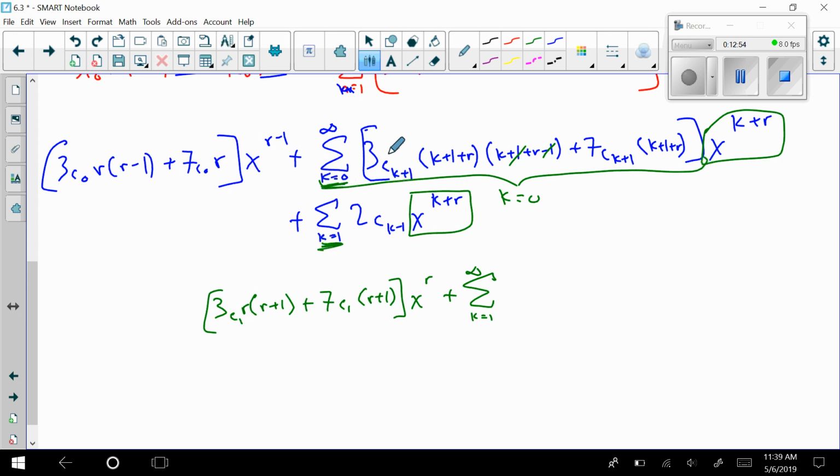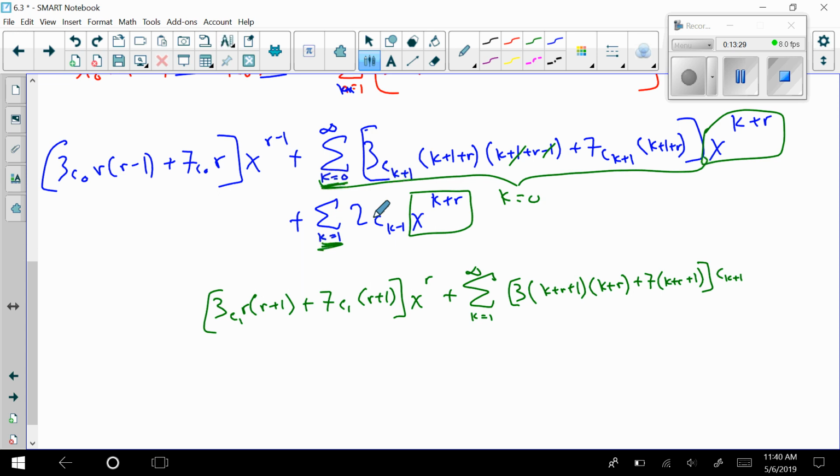Now when I do this, I think I'll group certain things together here. So I have a 3 times k plus r plus 1 times a k plus r, and then I have this thing over here, which is plus 7 times k plus r plus 1. Now these both have my c sub k plus 1.